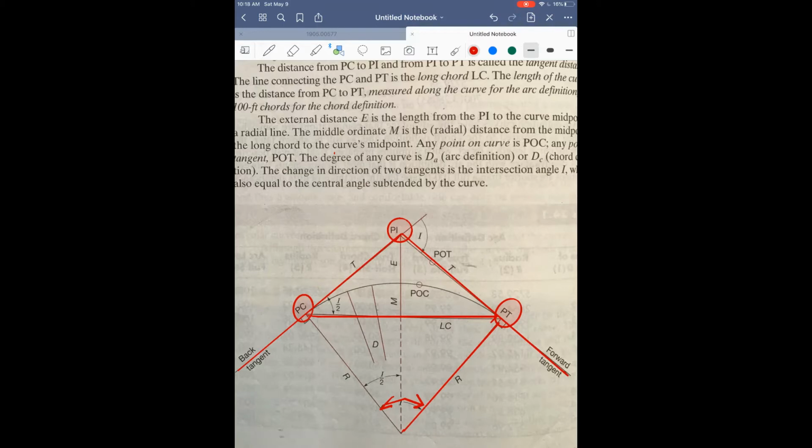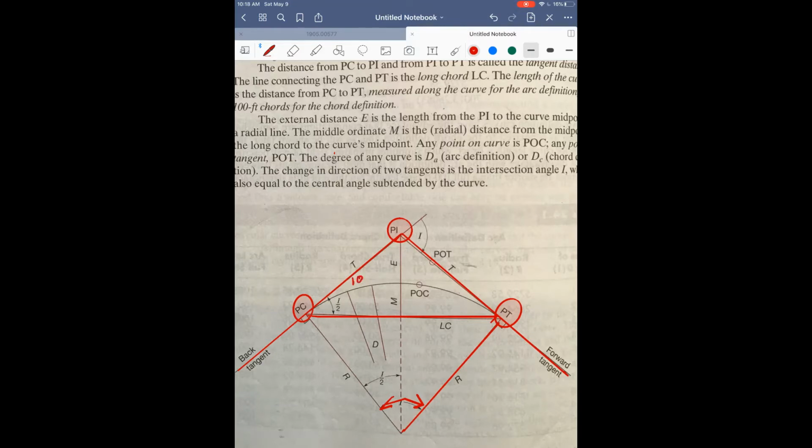One other thing we'll see if you look closely in the program is something called degree of curvature. There are a couple of definitions for the degree of curvature, but most commonly, you could think of it as the angle subtended by 100 feet of arc.